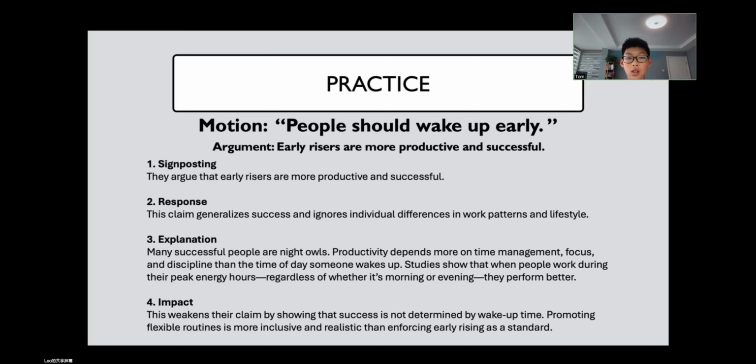Productivity depends on time management, focus, and discipline rather than the time of day someone wakes up. Studies show that when people work during their peak energy levels, regardless of whether it's morning or evening, they perform better. So basically people should work during their peak energy hours instead of waking up early, which builds on the response.